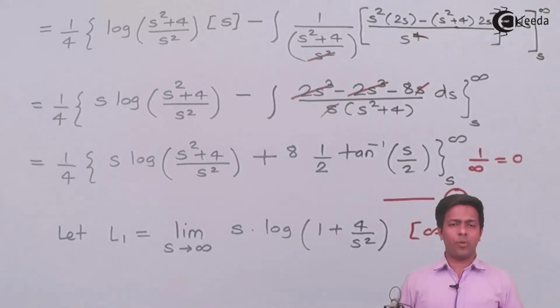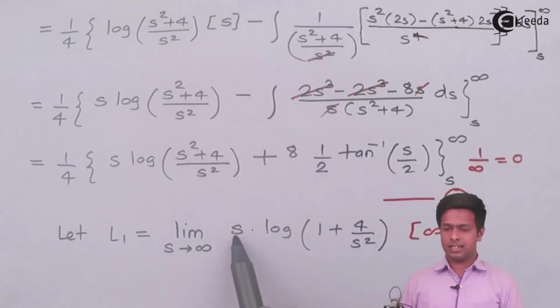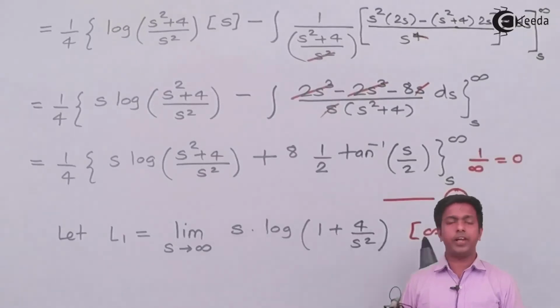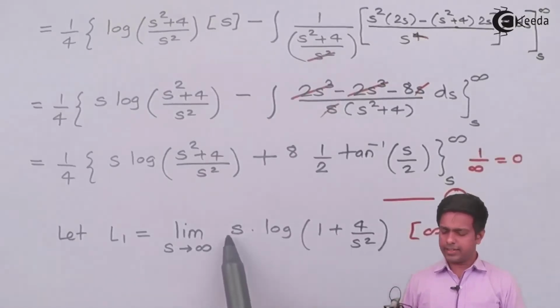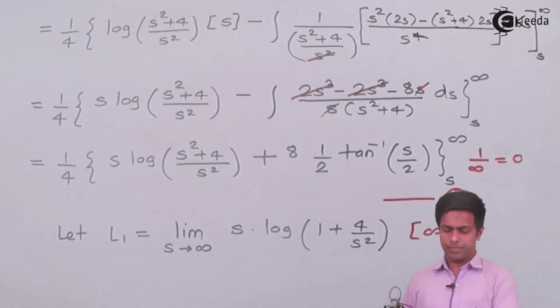To apply L'Hopital's rule over here, I'll take this s in the denominator. Right now this s is becoming infinity, so if I take that s in the denominator, that will become 0, and I'll get 0 upon 0 form. I'll show you here.